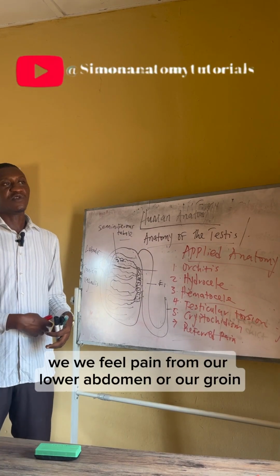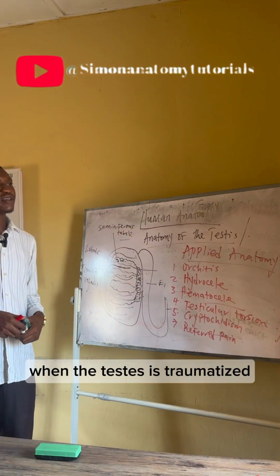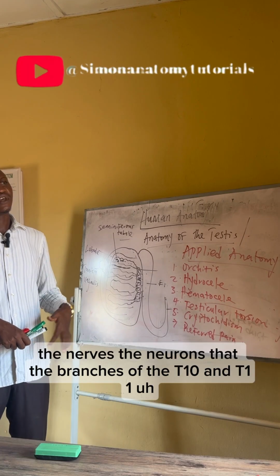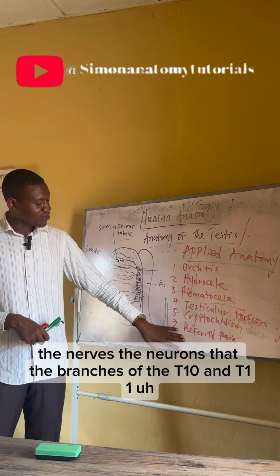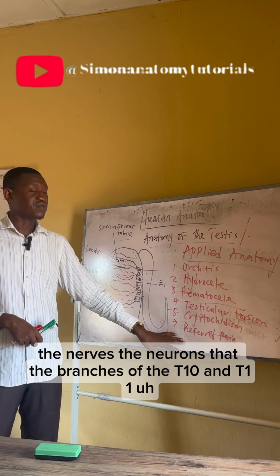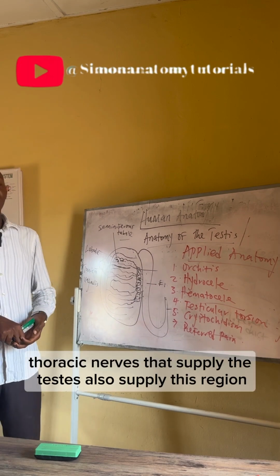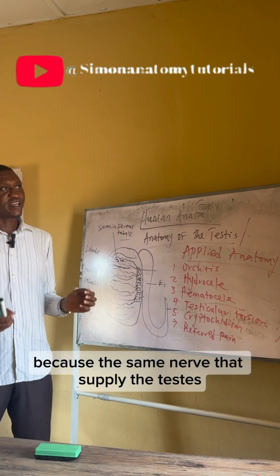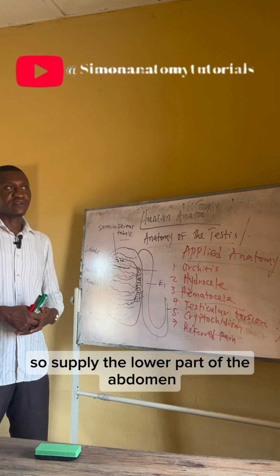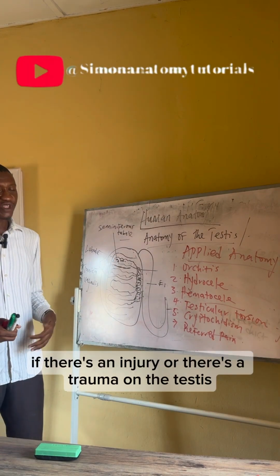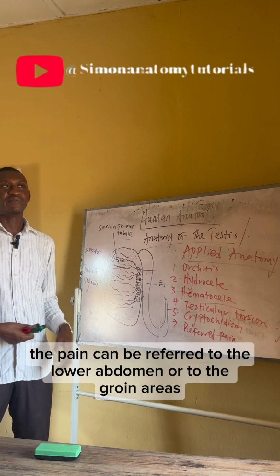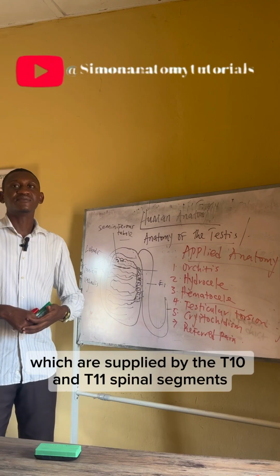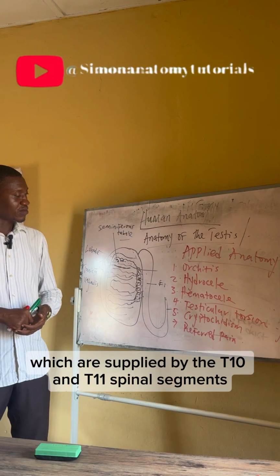We feel pain from our lower abdomen or our groin when the testis is traumatized because the branches of the T10 and T11 thoracic nerves that supply the testis also supply this region. Because the same nerve that supplies the testis supplies the lower part of the abdomen. If there's an injury or trauma on the testis, the pain can be referred to the lower abdomen or to the groin areas, which are supplied by the T10 and T11 spinal segments.